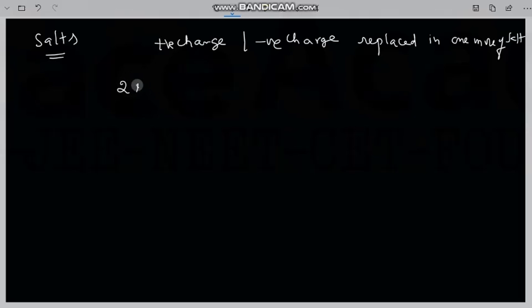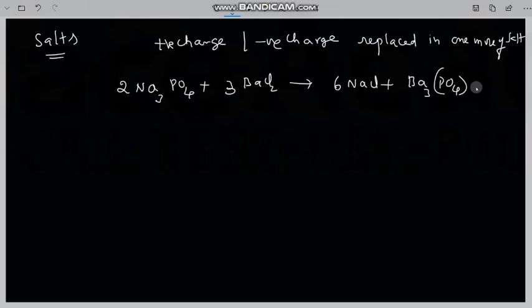For example, if you take a chemical reaction, you can easily understand it: sodium phosphate. 2 moles of sodium phosphate is treated with 3 moles of barium chloride. In this reaction, we know 6 moles of sodium chloride will be formed along with the formation of barium phosphate, that is Ba3(PO4)2.